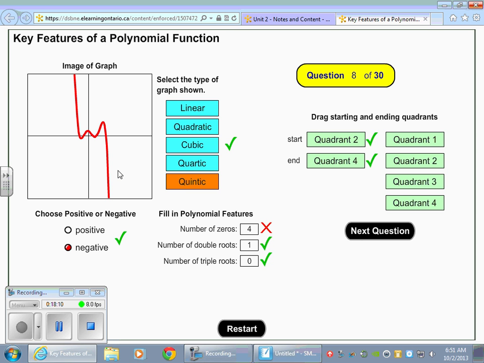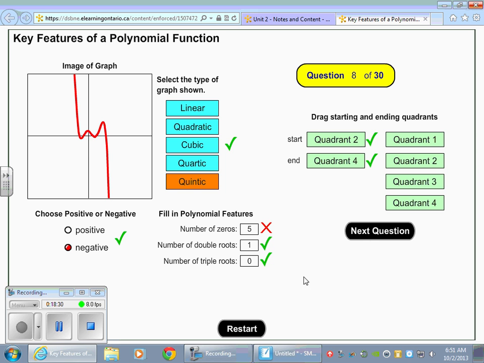Number of zeros is not 4, so 1, 2, 3, 4, 5. I guess this is kind of going through. No, it's not, because it's a double root there. Oh, okay, sorry, my fault. There are 5 roots is what it's saying.